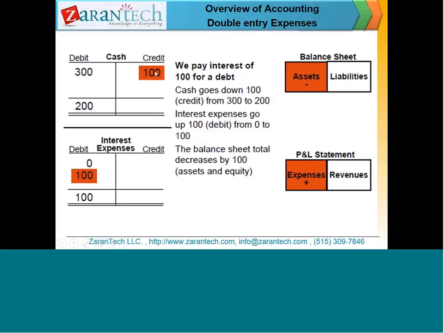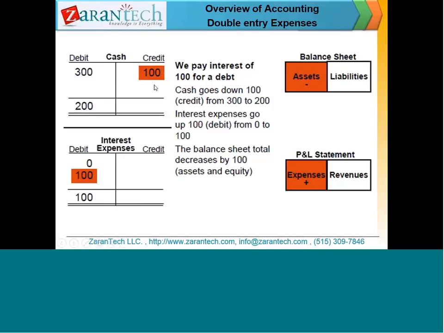Then we paid 100. So that's why debit 200. Interest expenses goes up. So we credited 100. So interest expenses goes up by debit from 0 to 100. The balance sheet total decreases by 100, assets and equity.